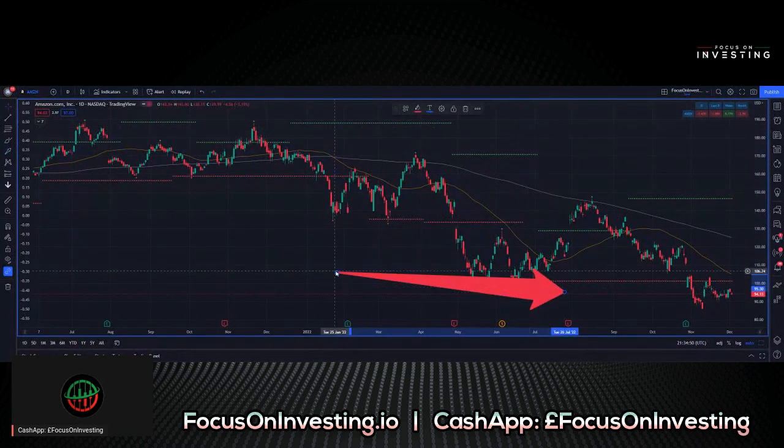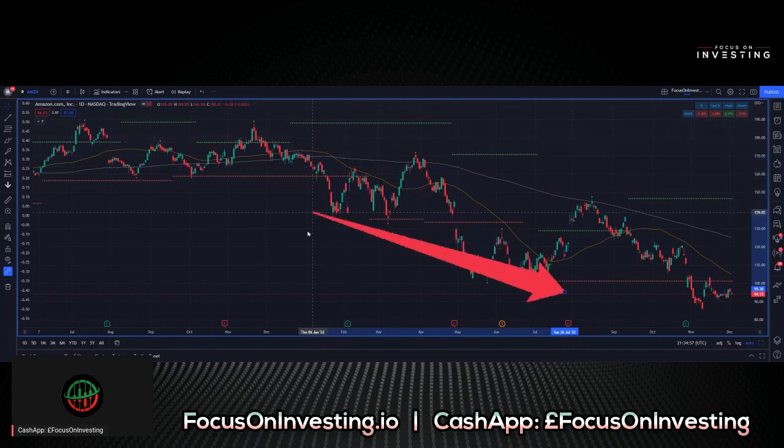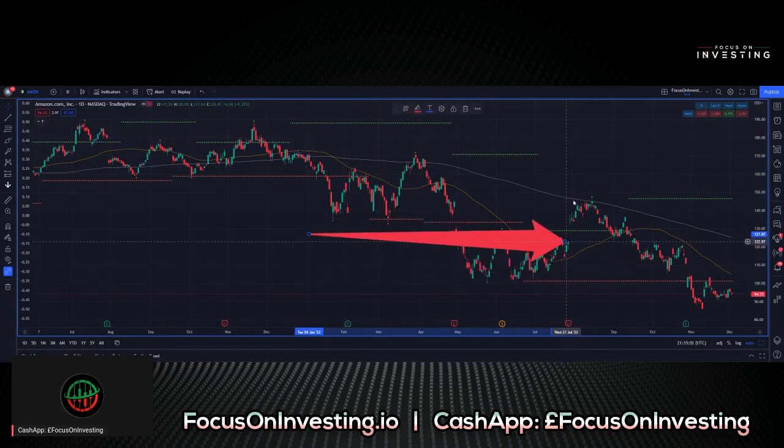If we saw price mostly going down, price will be mostly bearish. And if price was mostly sideways, then we'd be looking at a sideways market or a consolidated market when it comes to this stock, right?